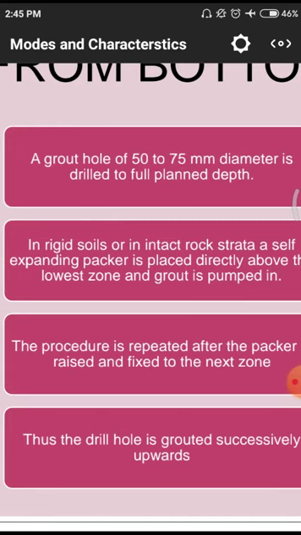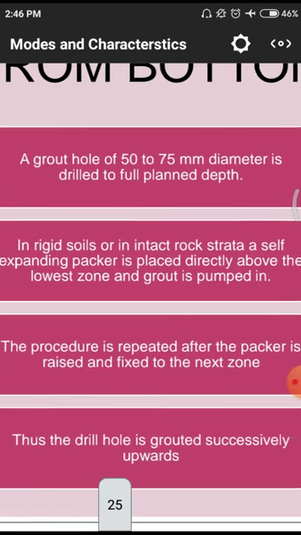In some cases the void will be at a larger depth. In those conditions we have to go for the utilization of these pipelines until the void is there, so that the grout hole will be 50 to 75 diameter drilled to full planar depth.